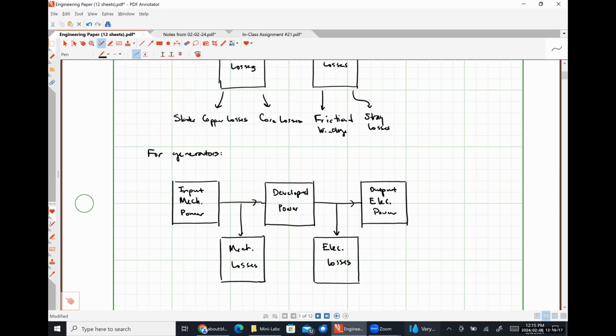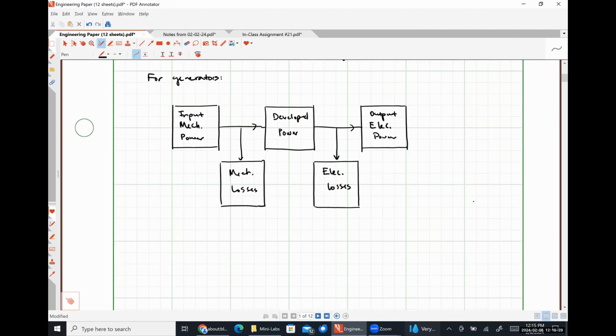So we now have a good understanding of what the power flow looks like. So now let's introduce some equations. So I'm going to put things in terms of either electrical power, developed power, or mechanical power, and we can choose whether, if we're using a motor, we know that the electrical power is the input.